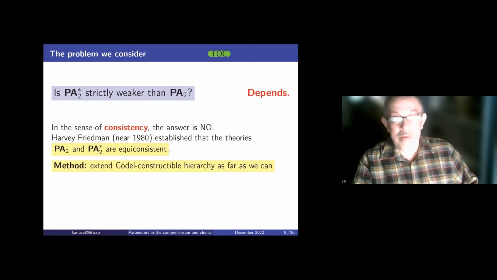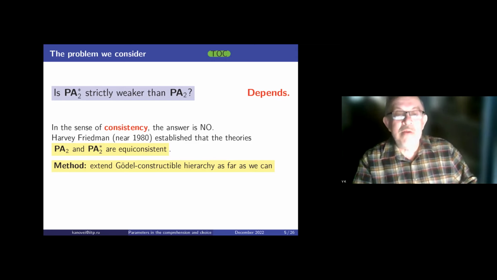What is the method? We just try to argue in PA star, to run Gödel's constructible hierarchy as long as we can. So this is a parameter-free construction, of course, and it is legitimately defined until some ordinal, or it really extends through all countable ordinals.